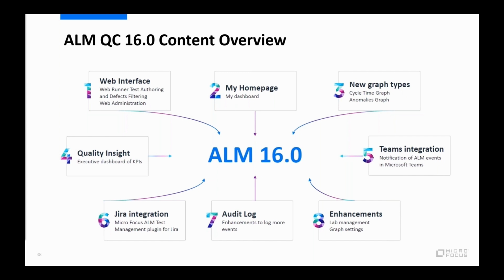Then the Jira plugin, which is the ALM test management plugin that is available to integrate Jira with ALM. And there have been enhancements from audit log perspective. So now audit logs capture much more information. So it would be very useful from analysis perspective or finding out why the issues are caused or what changes have been done. So these changes would come very handy from that perspective.